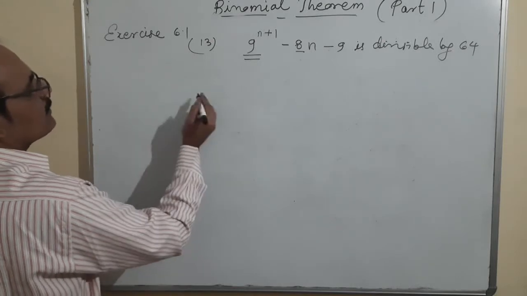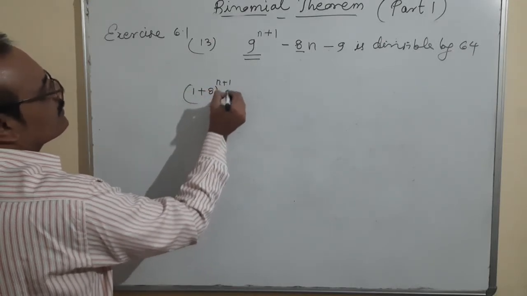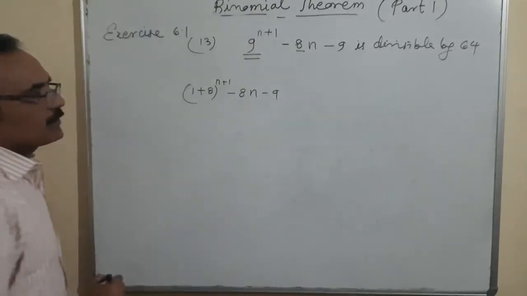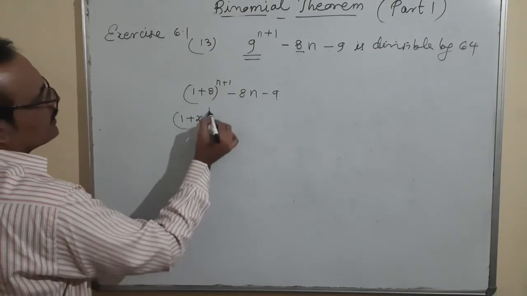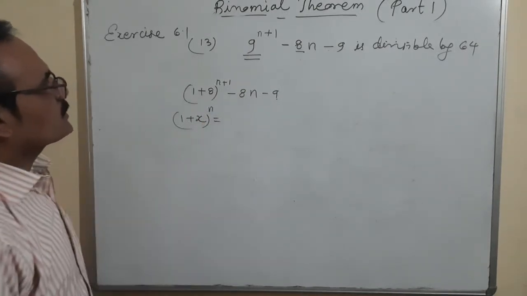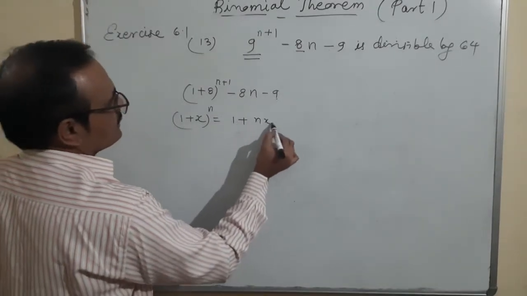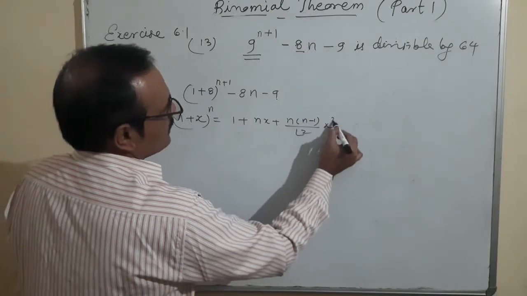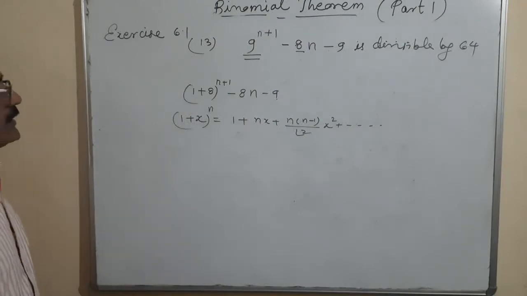I have to write (1 + 8)^(n+1) − 8n − 9. And 1 plus x to the power n, we know the formula: 1 + nx + n(n − 1)/2! x² and so on. So we're going to extend it.